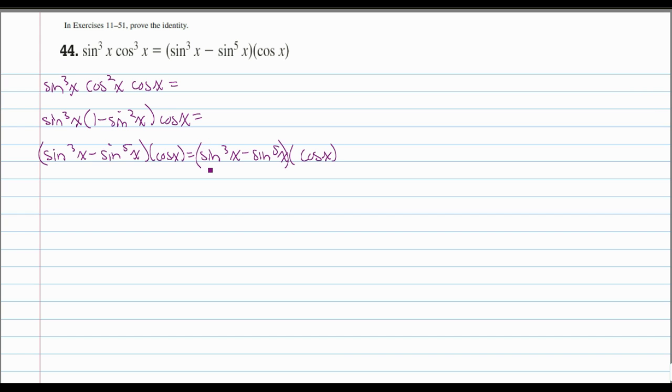Now if you want to see how I would have tackled that from the other side, if I were working from the right side, I would have factored out a sine cubed from both terms. Just like my last step in working with the left side was distributing it in, now I'm going to factor it out. Sine cubed of x times 1 minus sine squared of x, cosine of x. 1 minus sine squared is cosine squared of x.